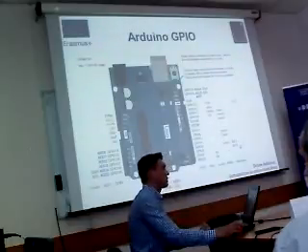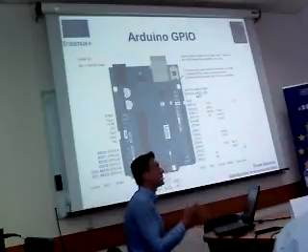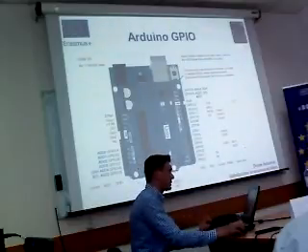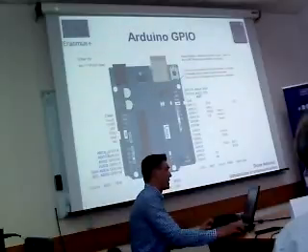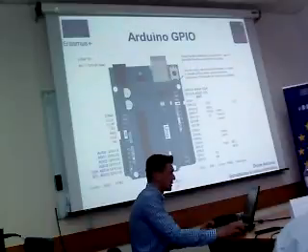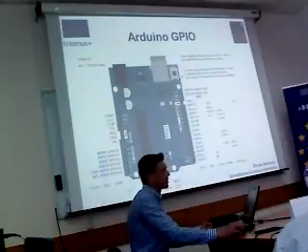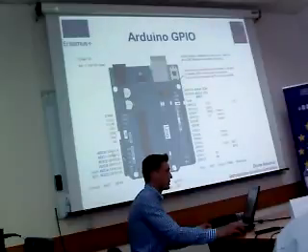Of course, the general purpose inputs outputs are not assigned only to that. As you can see here, you've got analog-to-digital converter inputs from A0 to A5. But if we don't use the analog-to-digital converter, we can use these pins also as general purpose inputs outputs.